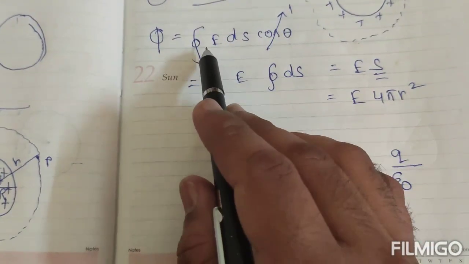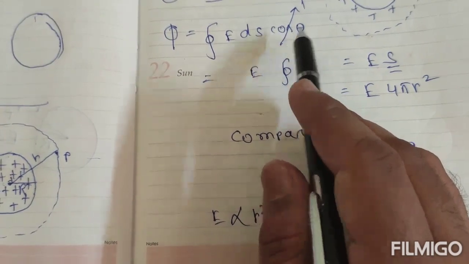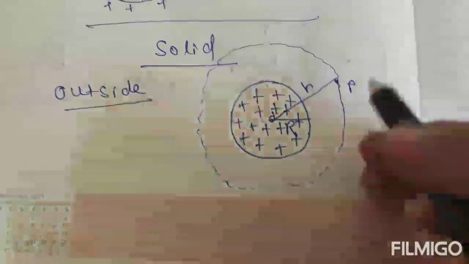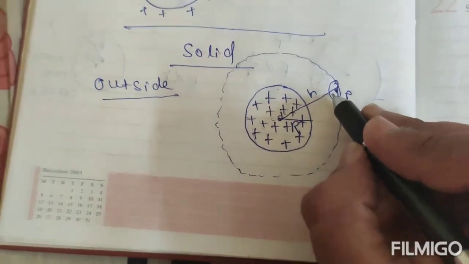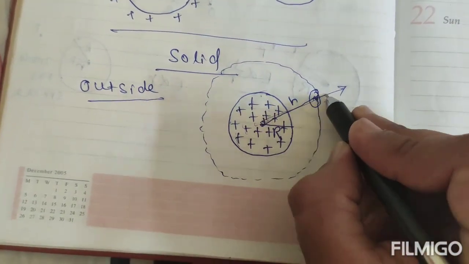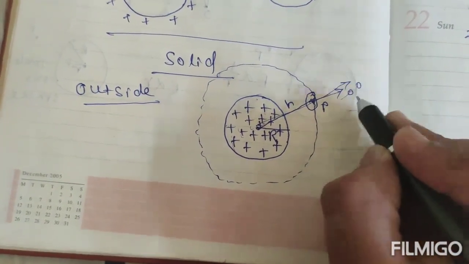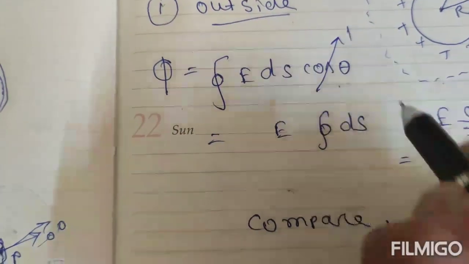Flux calculation, closed integration of E ds cos theta. The same thing will happen. If you enclose this, this is the area vector and these are the electric field lines. How many degrees are they making? 0 degrees. So cos 0 degrees equals 1.